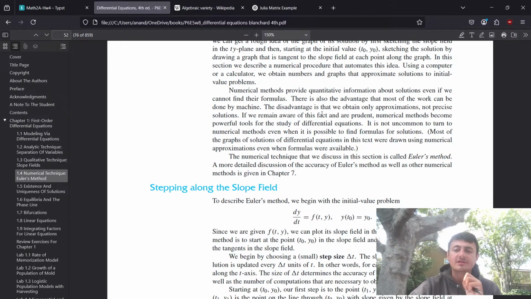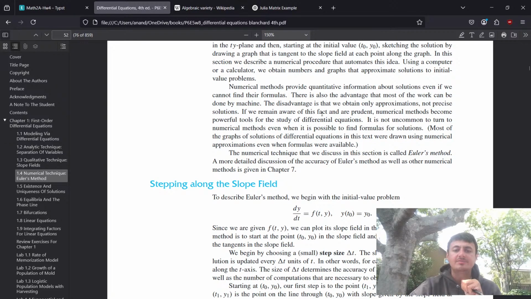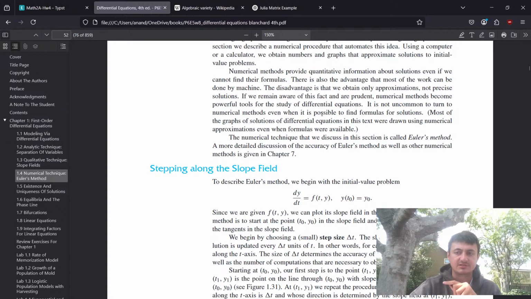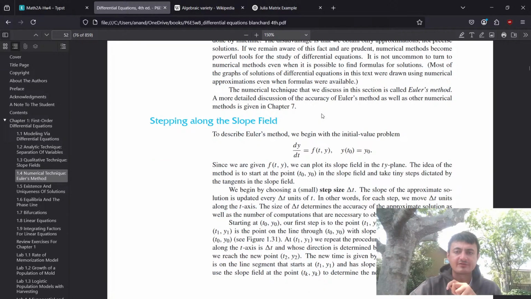If we remain aware of this fact and are prudent, numerical methods become powerful tools for the study of differential equations. It is not uncommon to turn to numerical methods even when it is possible to find formulas. Most of the graphs of solutions of differential equations in the text were drawn using numerical approximations even when formulas are available.